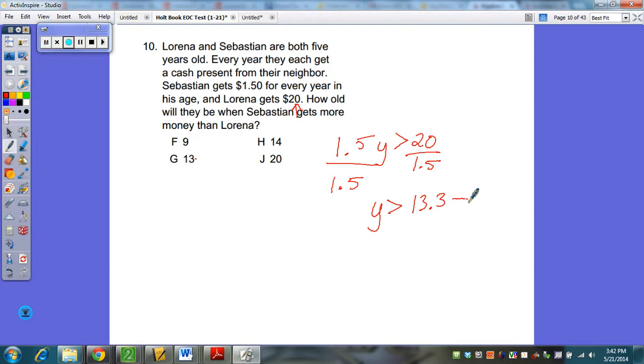So we go to the next age, which is going to be 14. And so Sebastian has to be 14 years and older in order for him to have more money. 20 could be one of the answers, but it's not the minimum answer. It's not the lowest age he could be until he starts to have more money than Lorena does.